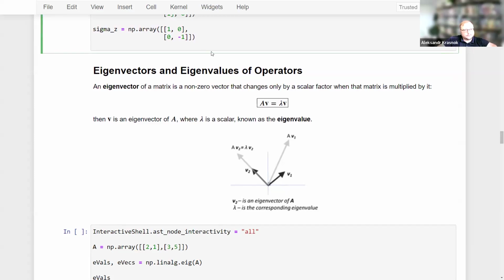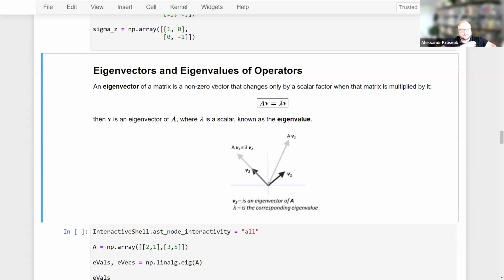When we talk about operators, very important concept is eigenstates and eigenvalues, or eigenvectors and eigenvalues of operators. So what is eigenvectors and eigenvalues? An eigenvector of a matrix is a vector that doesn't change its orientation after applying this operator on this vector.